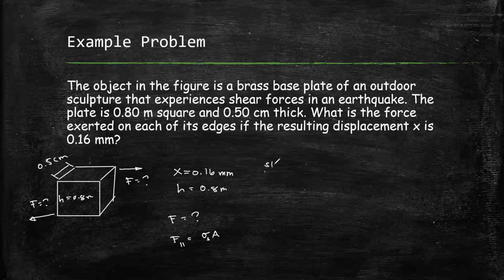The shear strain is equal to x over h. Take note, our x is 0.16 millimeter, so don't forget to convert it into meter, all over 0.8 meter. Therefore, our shear strain is 2.0 times 10 raised to negative 4.